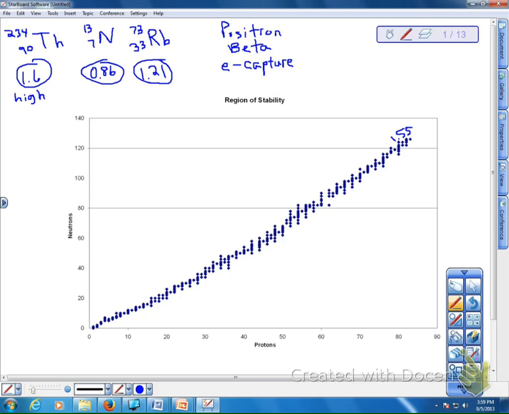For nitrogen, which has an atomic number of 7, we come down here and we're in this region. It's supposed to have a ratio of 1 to 1. Well, we have less than that, so this isotope has too low of a ratio. And then for rubidium-73, with atomic number of 33, we come up here and approximately over, and we do the calculations.